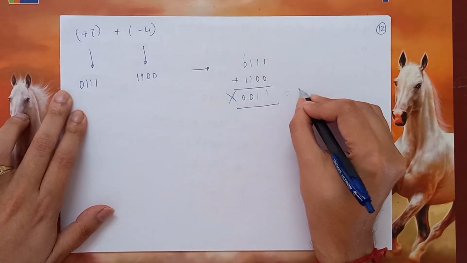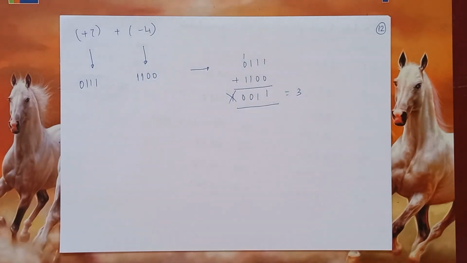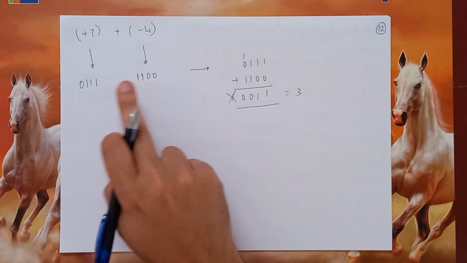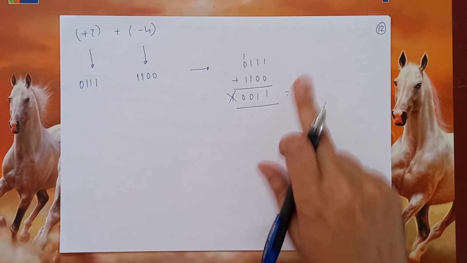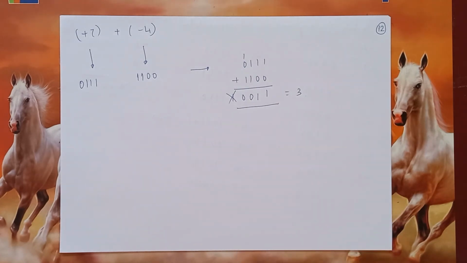The answer is 3, which is what we expect. So therefore, we have encoded the sign bits also and use them as part of our mathematical operation. This is a very, very powerful feature of the 2's complement. So I encourage you to try out some more examples by yourself and understand more clearly how it is working.